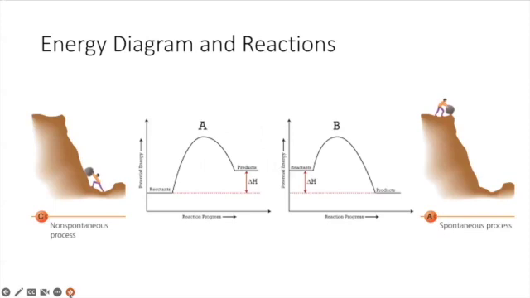So we already talked about endothermic and exothermic reactions, and we're going to dig a little bit deeper into that as well. But first, I want to introduce the idea of spontaneous processes and non-spontaneous processes. I have this little picture here. A non-spontaneous process is like this little guy pushing the rock up the hill.